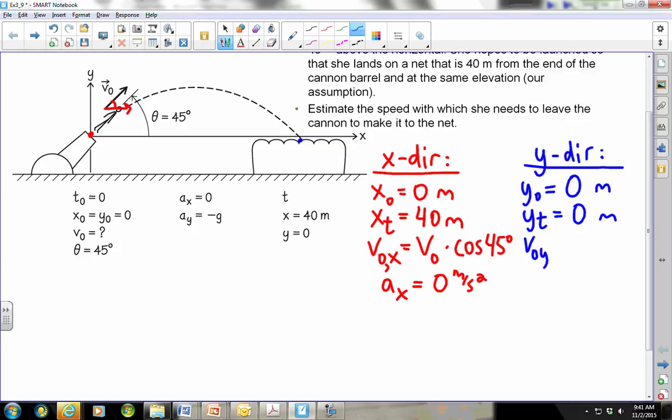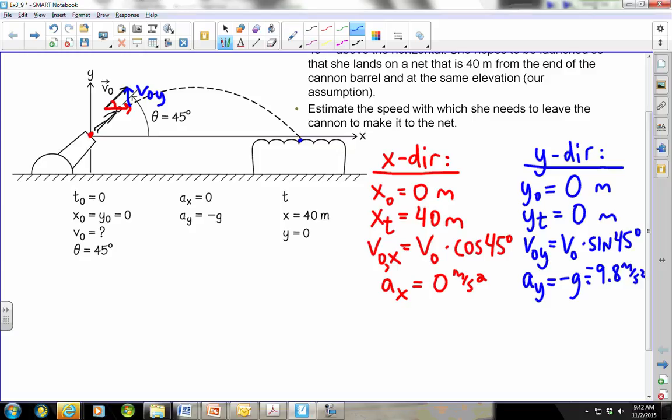The velocity in the y direction would be initial times sine of 45. So v0y would be opposite of the 45-degree angle. Then acceleration in the y direction is negative g, or negative 9.8 meters per second squared.